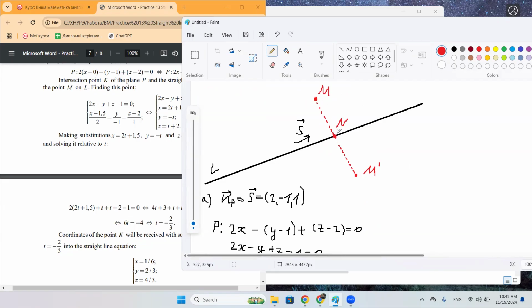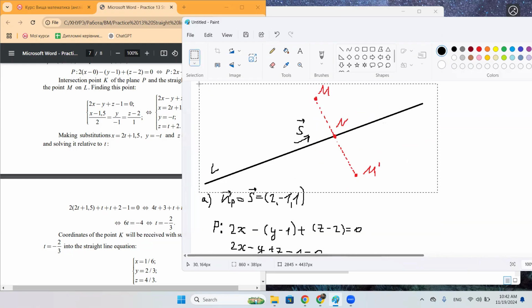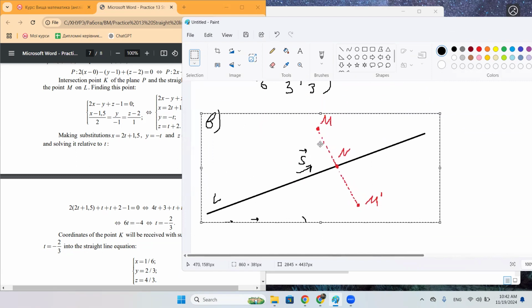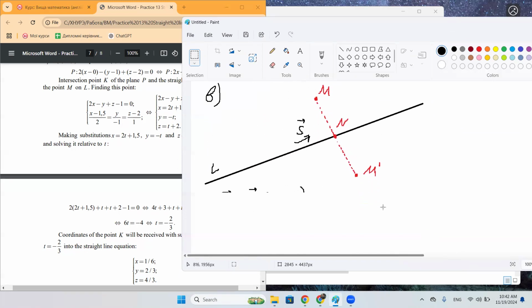So what can we say about these distances? The distance between M and N and N and M prime. Let me duplicate. Are they equal or not? How do you think?